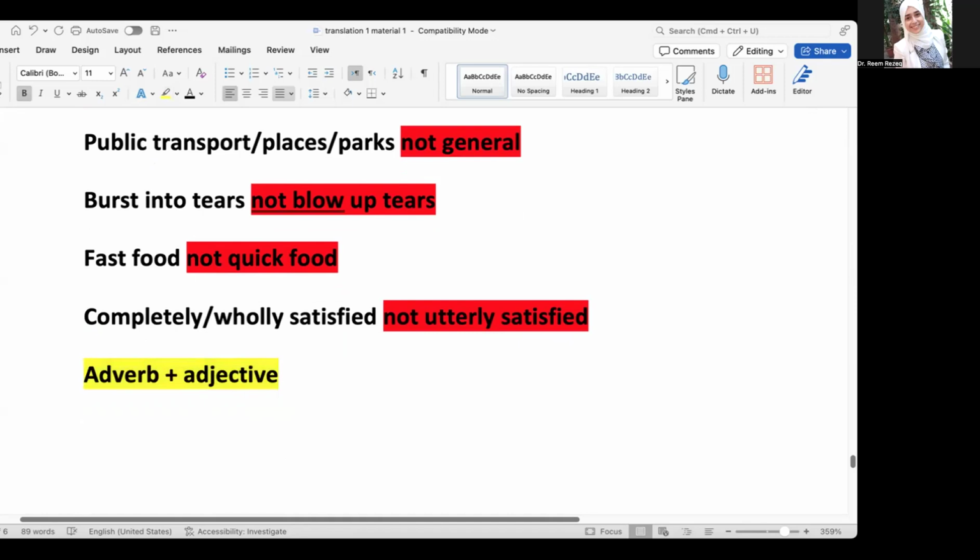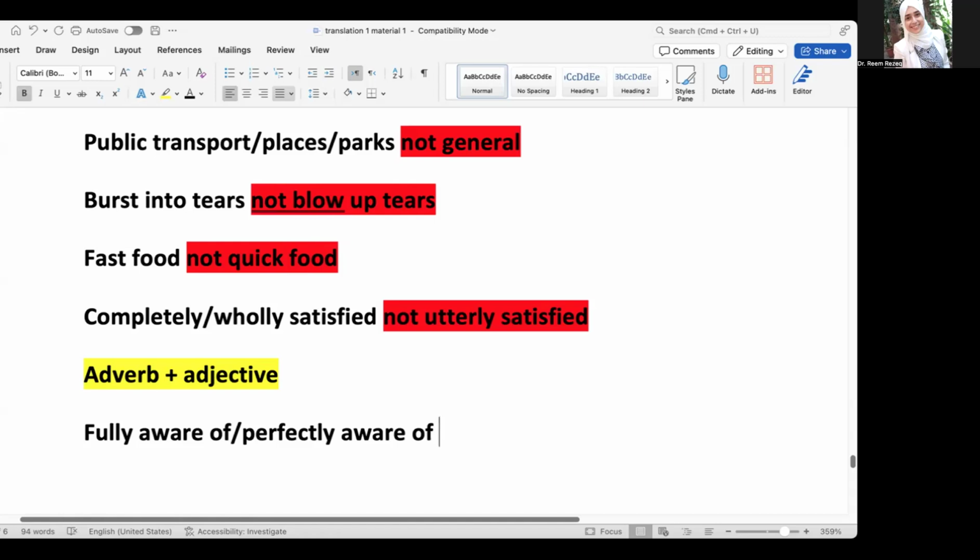For example, we can say fully aware of, or perfectly aware of, يعني نترجمها على دراية تامة.